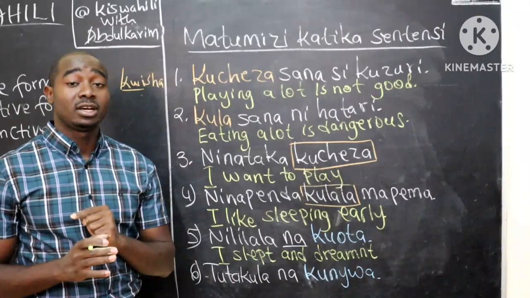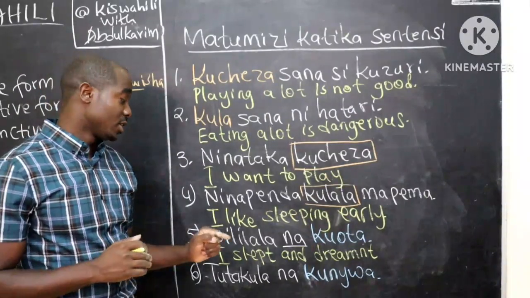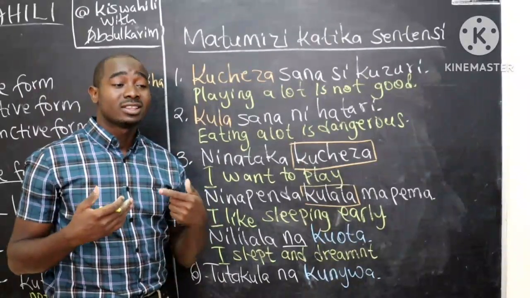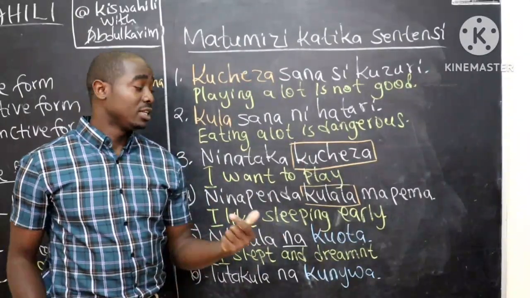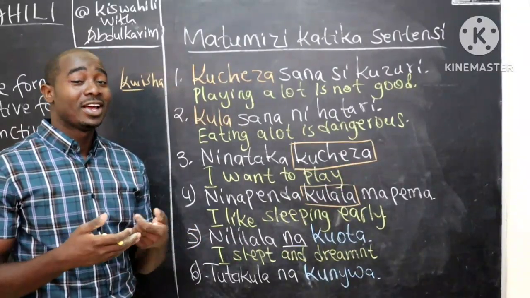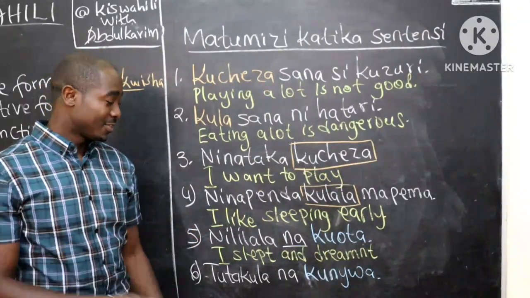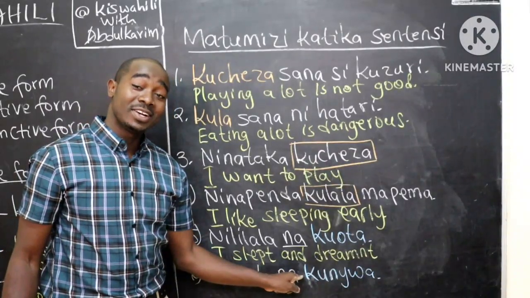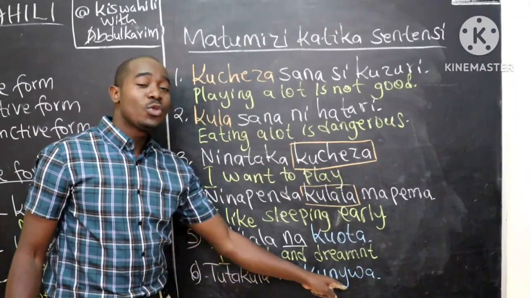Sawa, usifanye hivi. When you say kukula, it's irritating when someone hears it, you know. It can mean another thing. So just avoid adding another ku because it already has this ku. Kunywa.